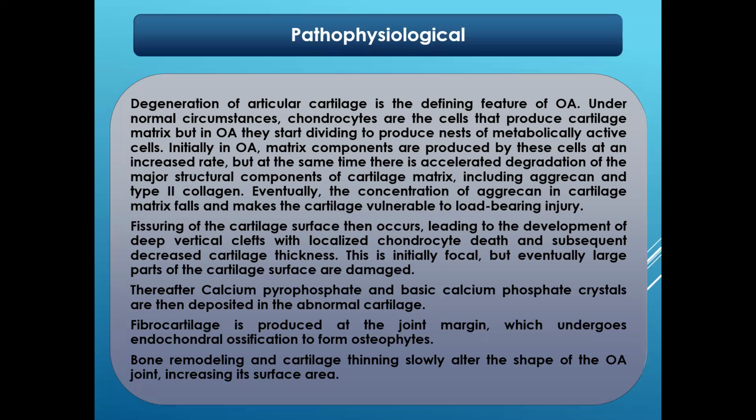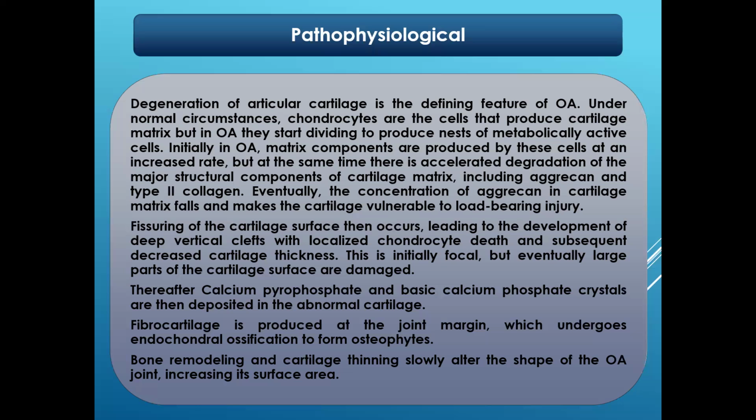Thereafter, once there's destruction of this cartilaginous surface, calcium pyrophosphate and basic calcium phosphate crystals are deposited in that abnormal cartilage, which has already undergone some level of death and been destroyed.